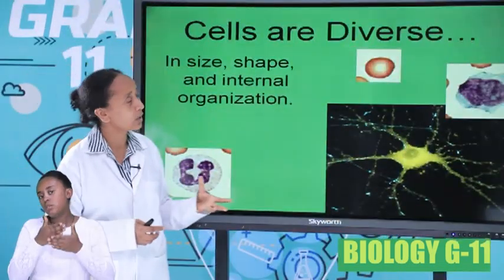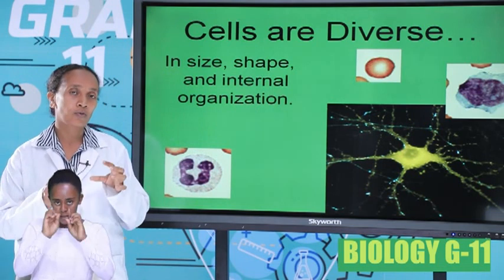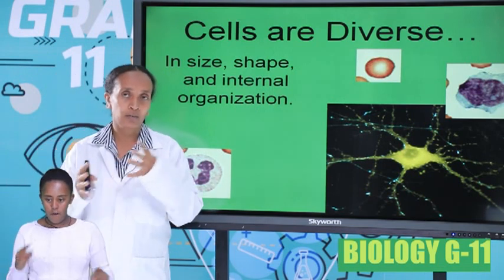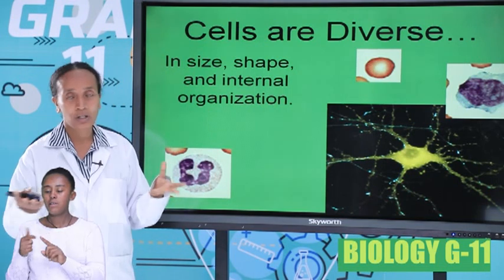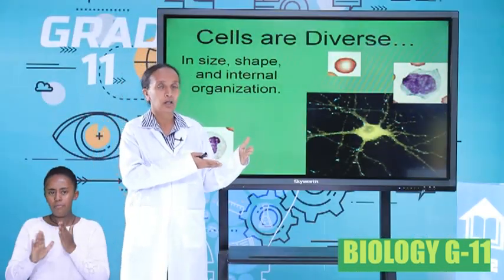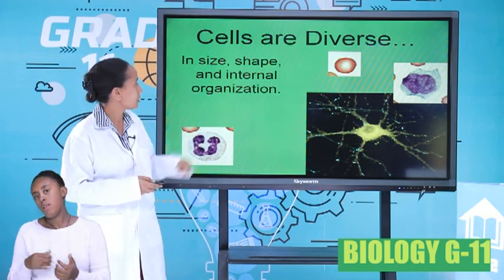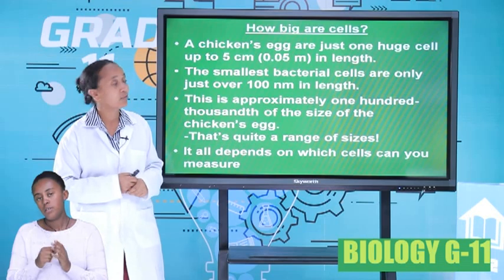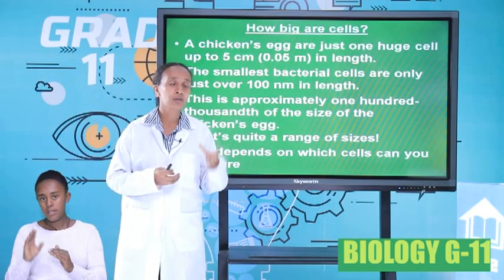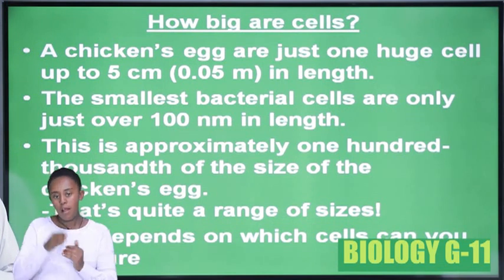When we say internal organization, it means that the internal structures of cells vary. One cell varies from another cell. In other words, if you take a plant cell, it has a completely different structural organization from an animal cell. This indicates that cells vary in their size, shape, and internal organization.